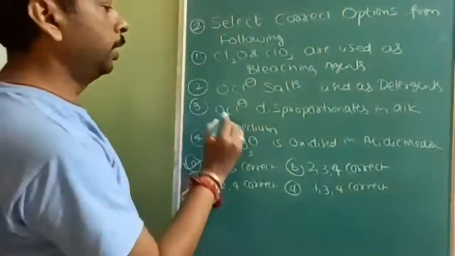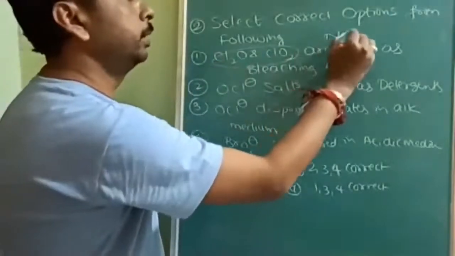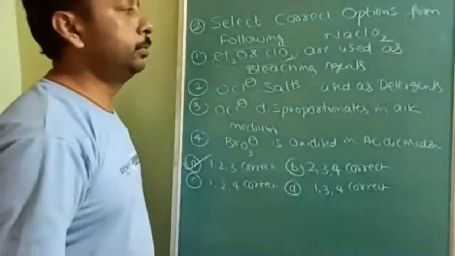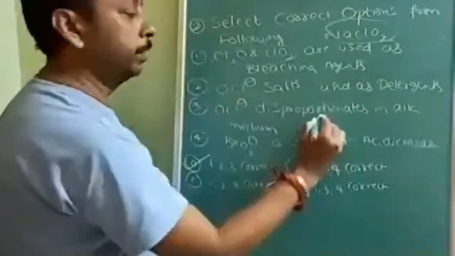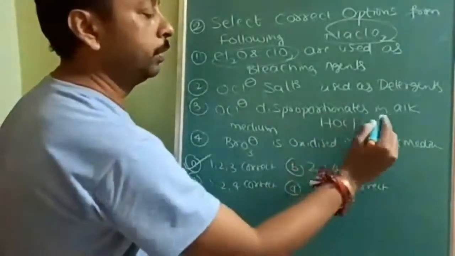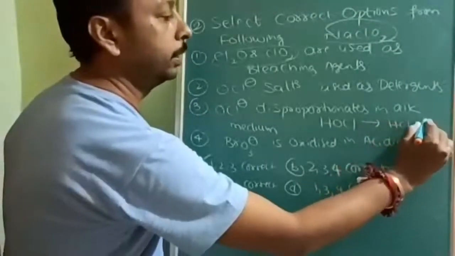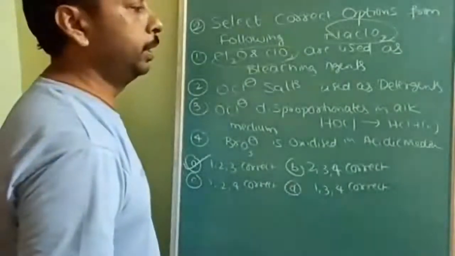Actually, these two are used in preparation of NaClO2, and already you are aware HOCl is a weak acid. But what it will do after this is it will form HCl plus nascent oxygen. So therefore it is a bleaching agent also.